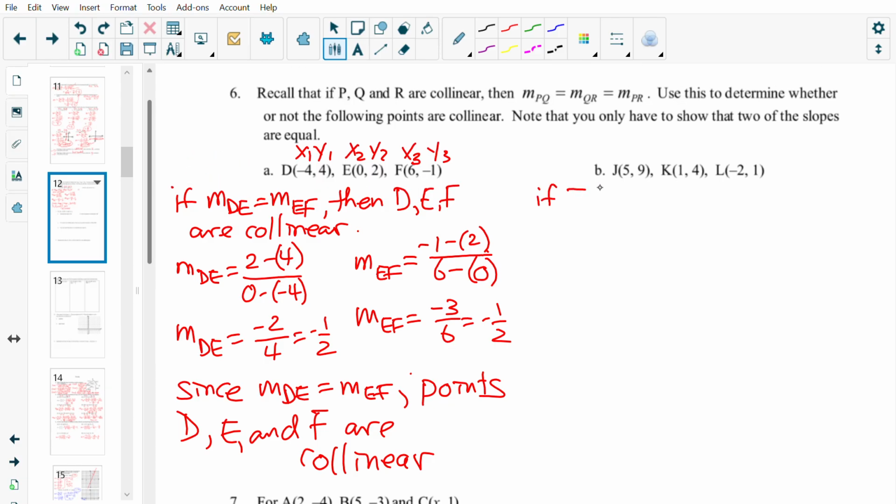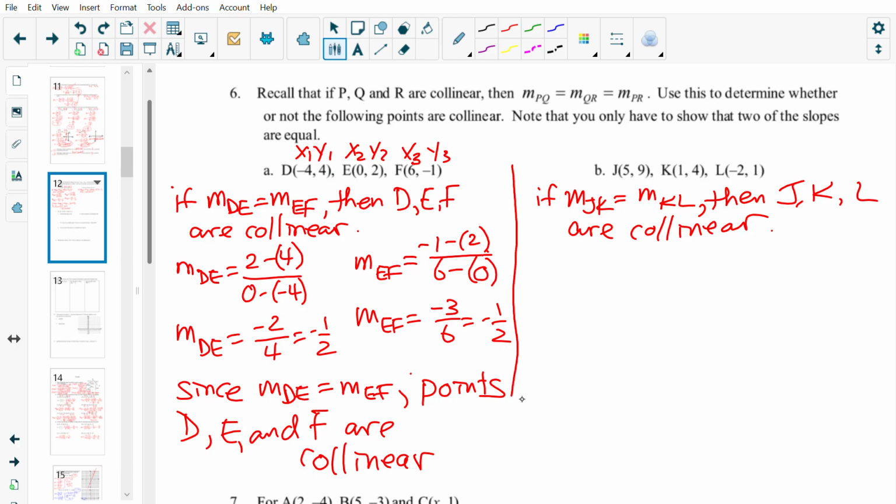Let's make a statement. If slope of JK equals slope of KL, then J, K, and L are collinear. Let's check.